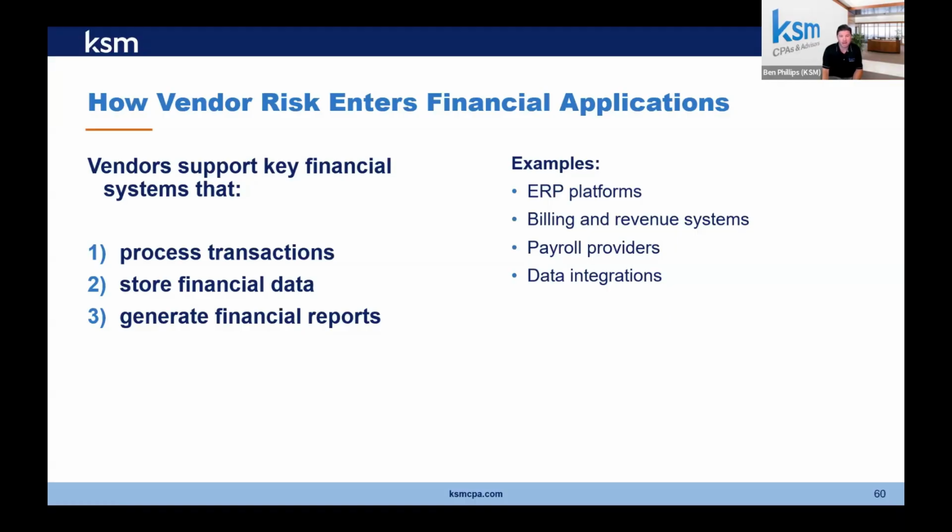As organizations adopt more cloud-based financial applications, more of the control of the environment exists outside of the company's direct infrastructure. What that means is that finance teams need visibility into who's processing the data, how the controls operate, and what responsibility remains internally. Otherwise, organizations can end up with hidden control gaps.